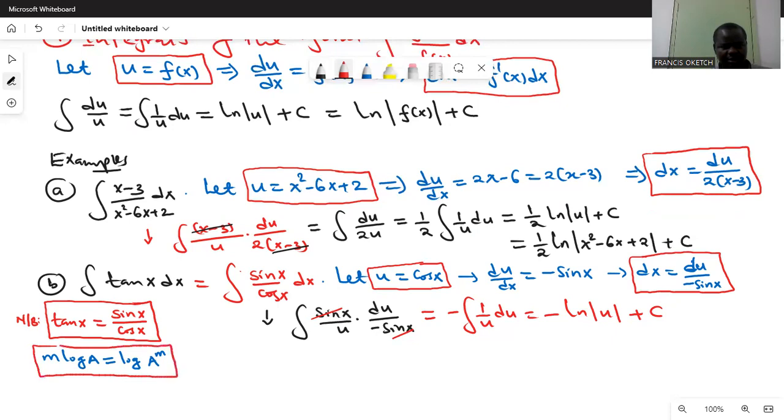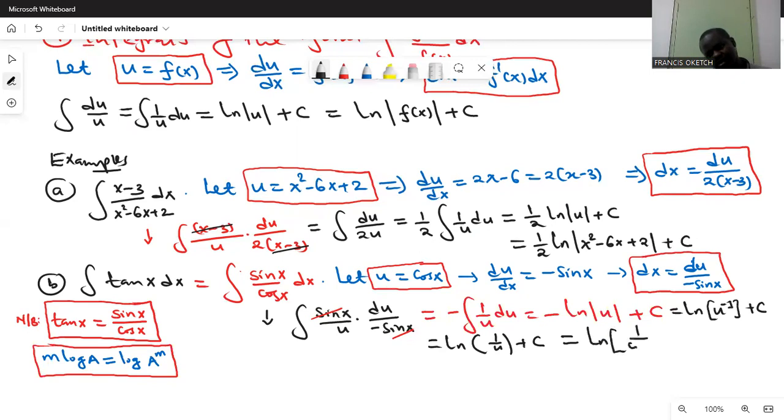I want to apply this so that my answer can be written as ln of u raised to negative 1 plus c, which you can write as ln of 1 over u plus c. If you replace u, u is equal to cos x, so this is the same as ln of 1 over cos x plus c.